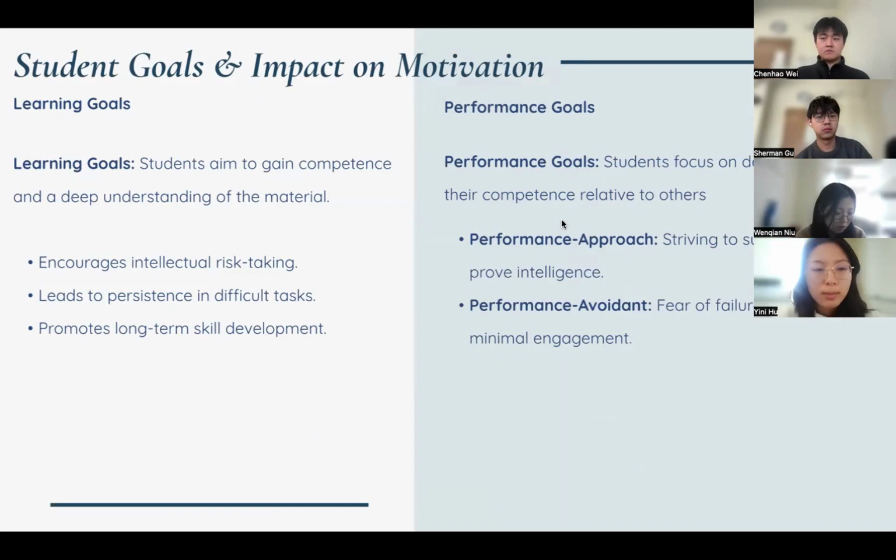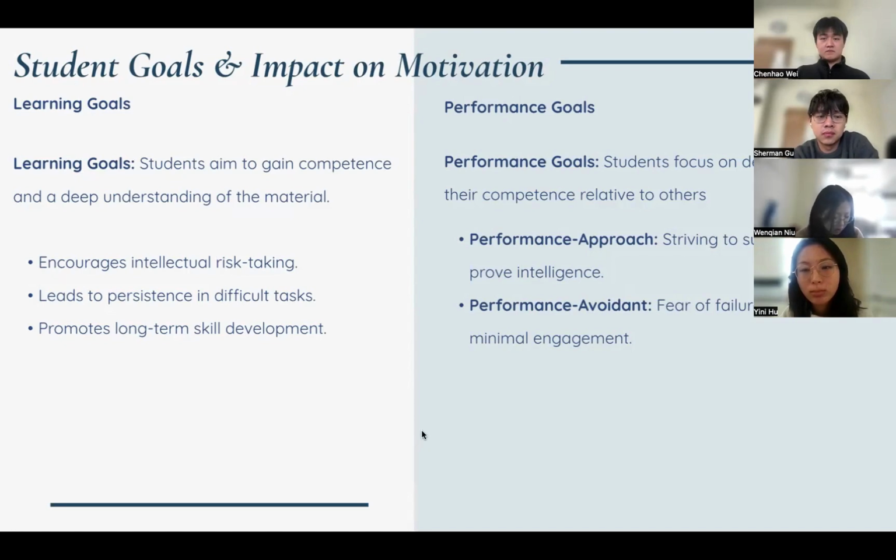Students set different goals which shape their motivation. The first distinction is between learning goals and performance goals. Learning goals focus on gaining a deep understanding. These students engage actively, take on challenges, and persist through difficulties. Performance goals, however, focus on proving ability.